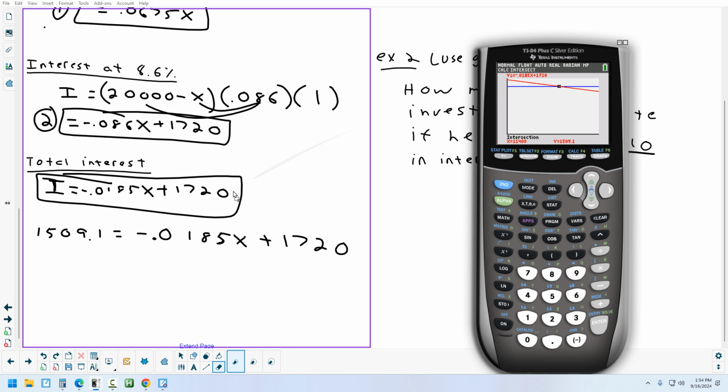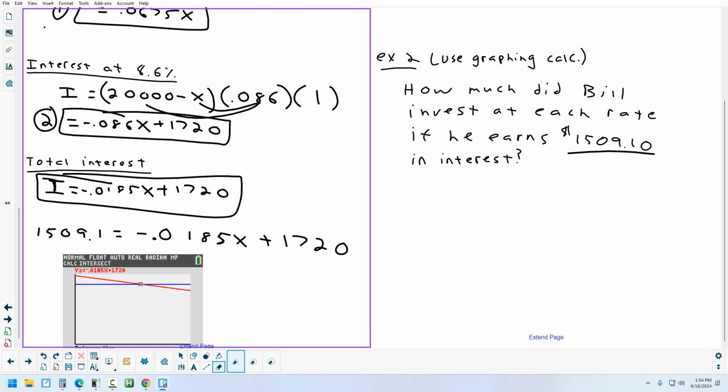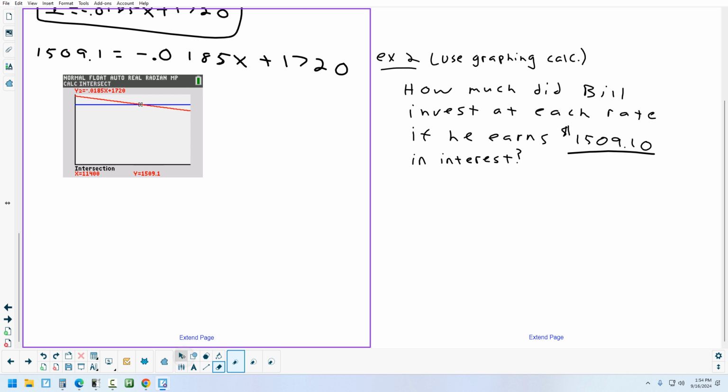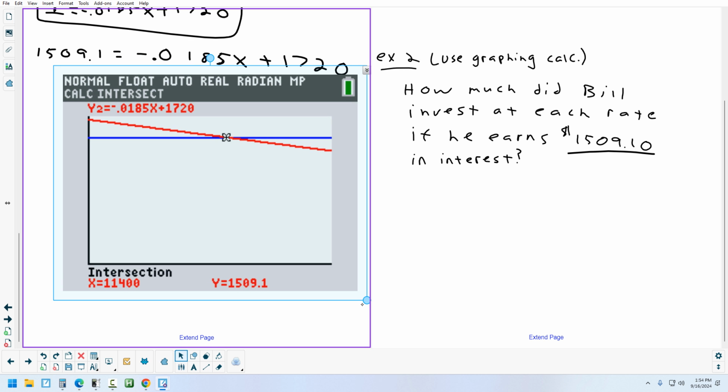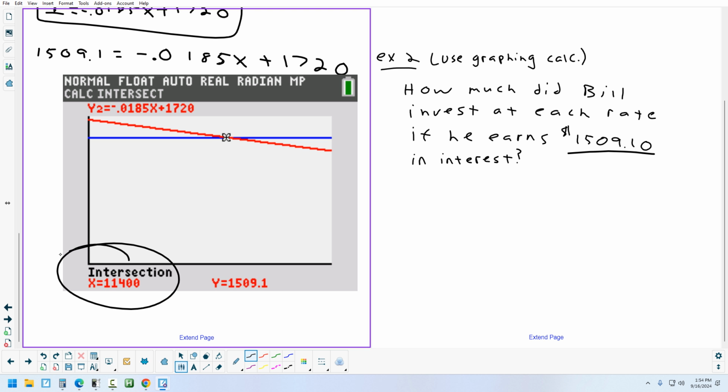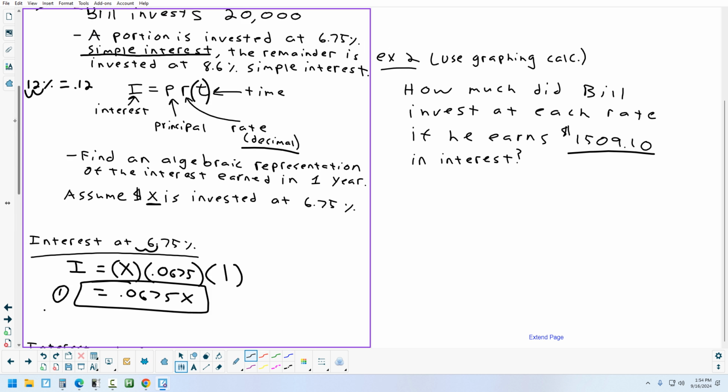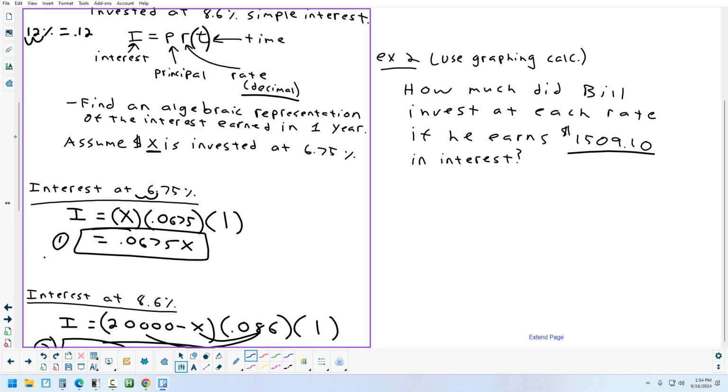All right. So that piece of information gives me my answer. What letter did we just solve for? Yep, we solved for x. And what does it say up above that x is? Yeah, principal.